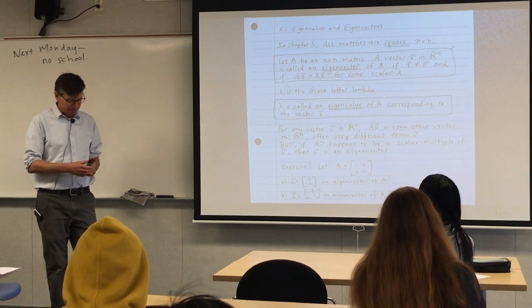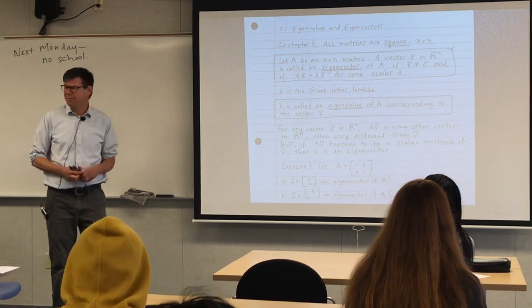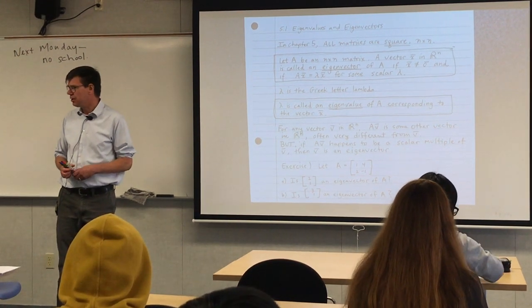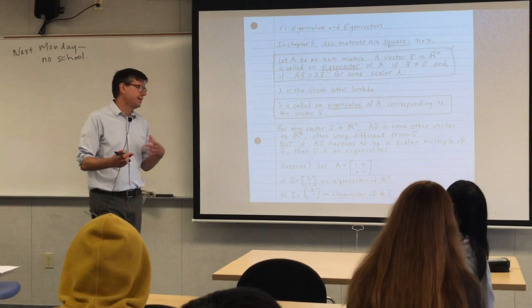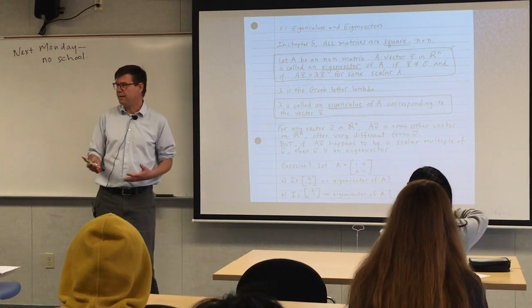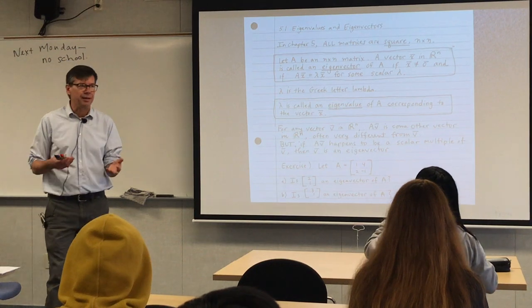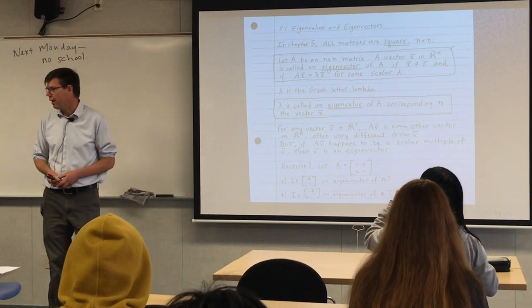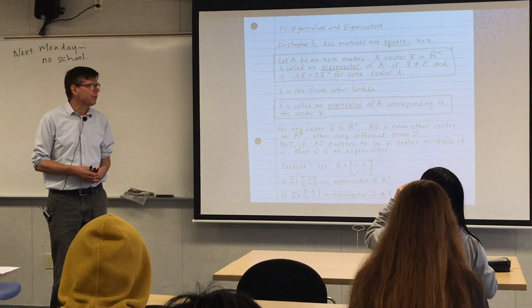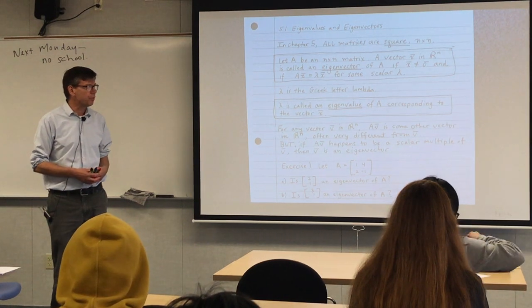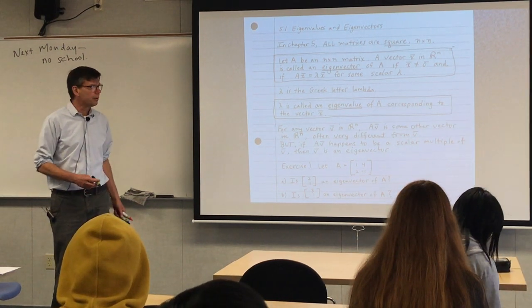And eigenvector. So it's not like the word really tells you that much about what an eigenvector is. We're going to have to experience them and work with them to get a better feel.